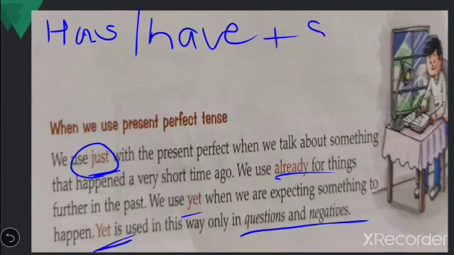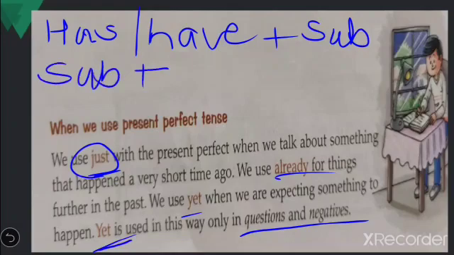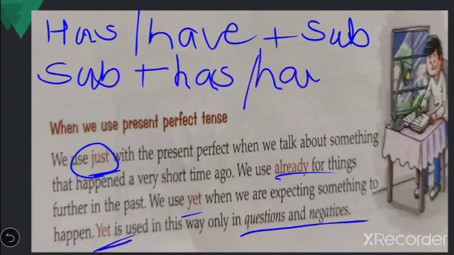After that you have to write the subject, and after that the past participle form will come, and after that you have to put a question mark. And in a negative sentence, first the subject will come, then according to the subject has or have plus the past participle form of the verb.